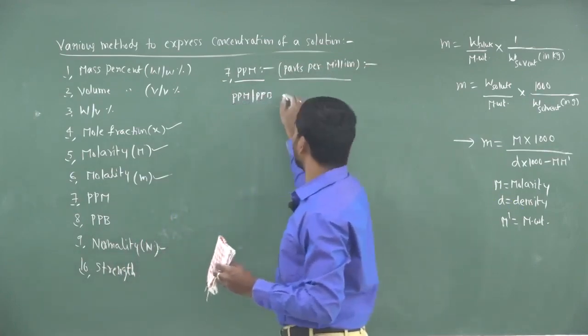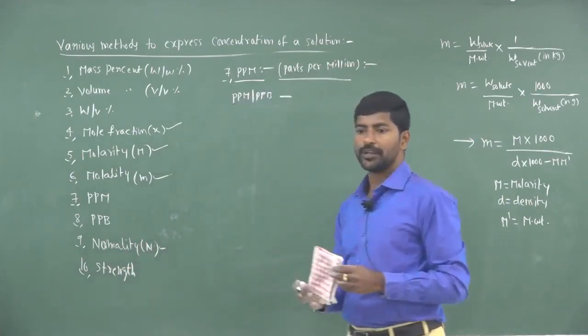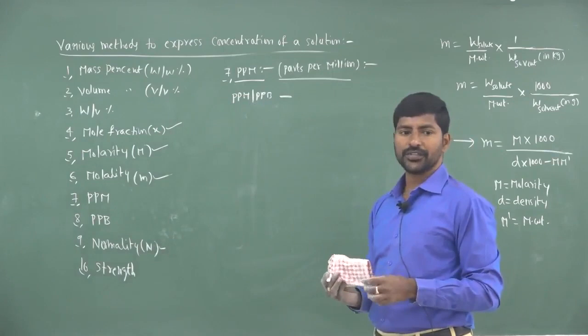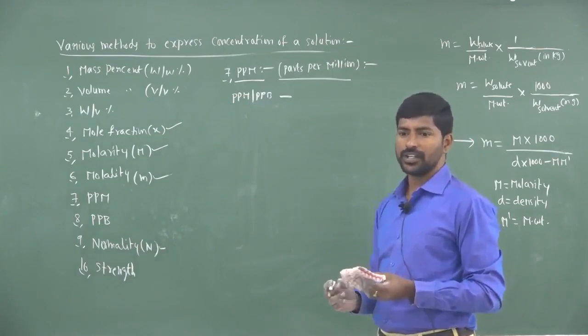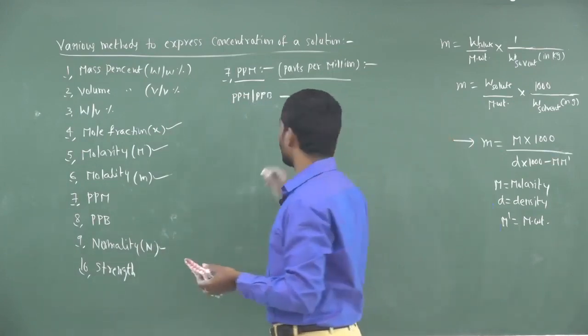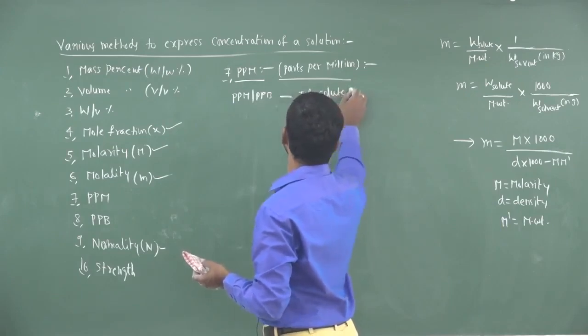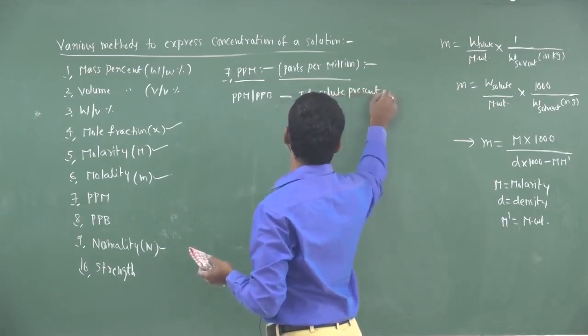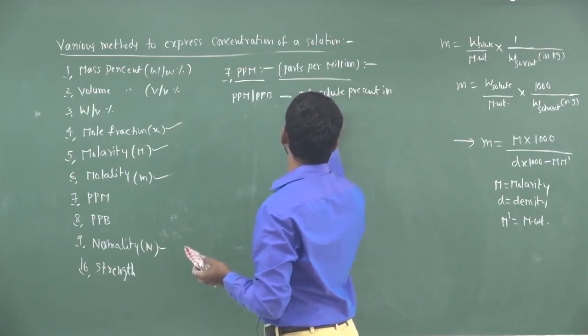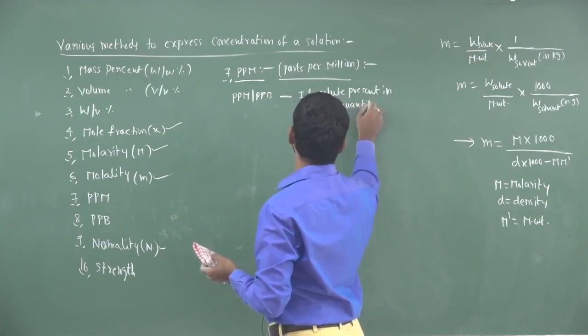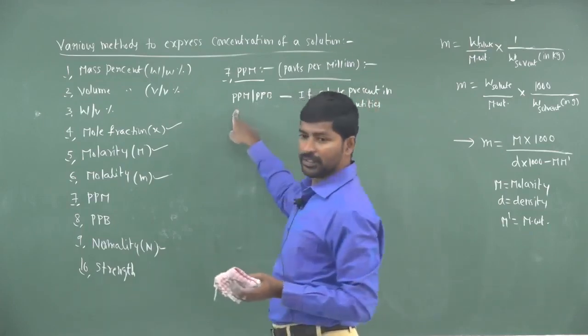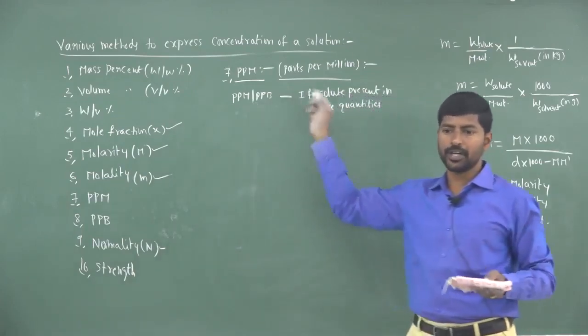Whenever the solute is present in very small, trace quantities, we express its concentration in terms of ppm or ppb.